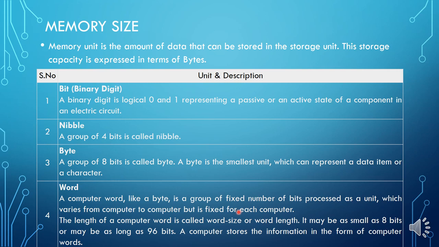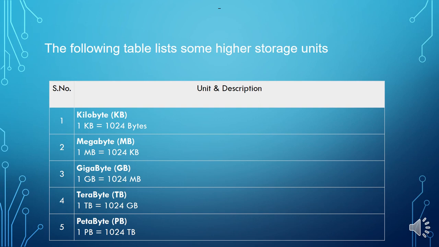But for a particular computer, the word size is fixed, and the length of a computer word is called word size or word length. In the microprocessor 8086 we have studied, the word was of 16 bits, that is 2 bytes. So it depends on the computer what the size of the word, or word length, is.